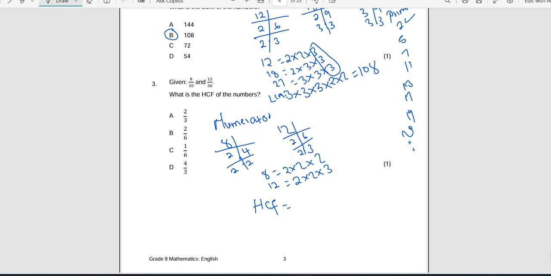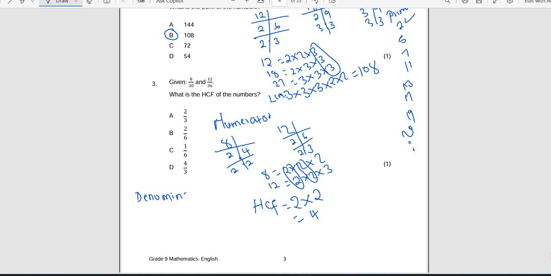And then for the numerator, we have 2 times 2, we also have another 2 here. When we look for highest common factor, we don't multiply the remaining ones, guys. So it's gonna be 4.